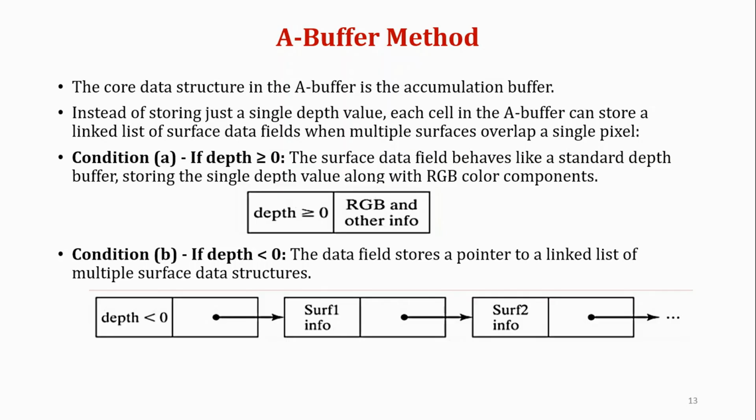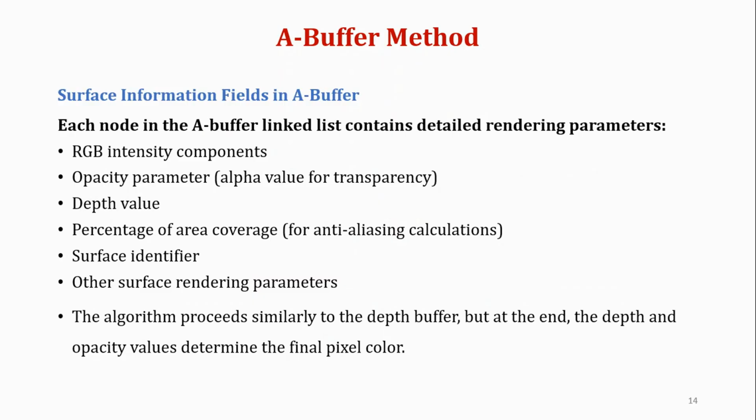Thus, multiple surfaces can be processed simultaneously. If you have only one surface, it acts like the Z buffer algorithm. Otherwise, it uses a linked list to store the information, and each node contains one surface's information for the pixel.